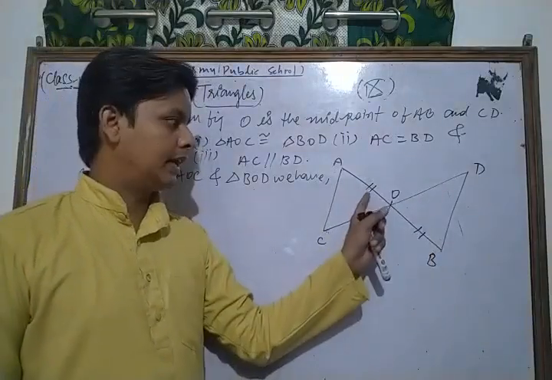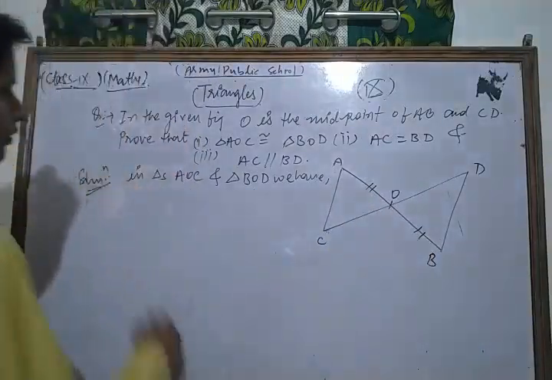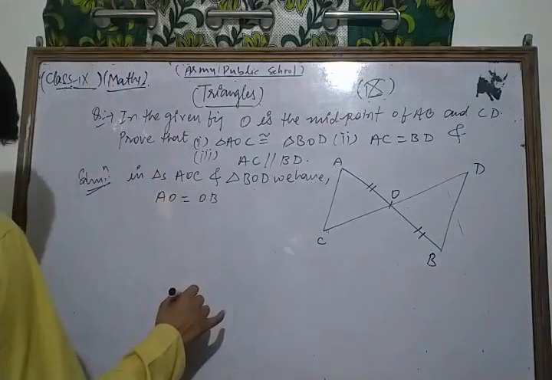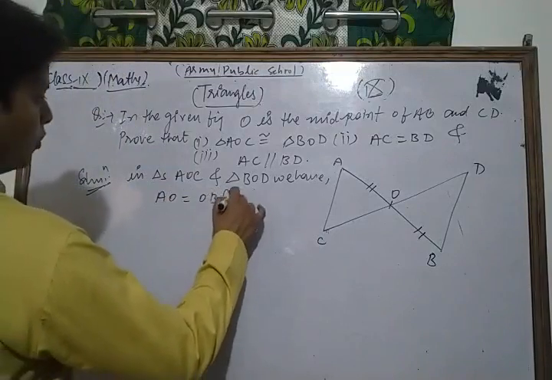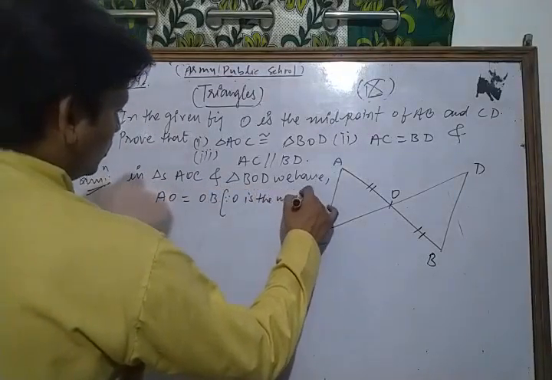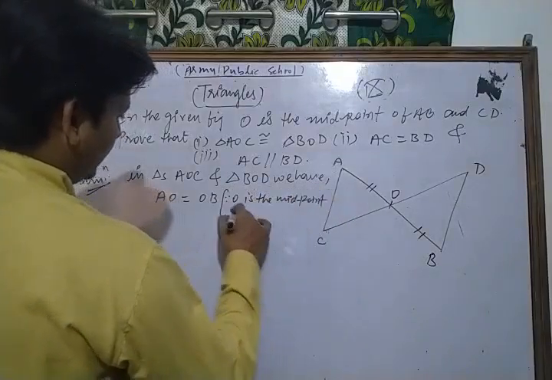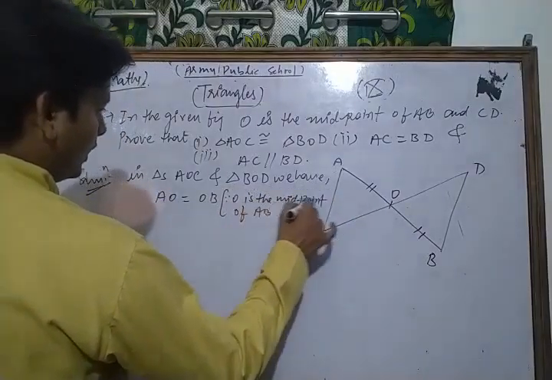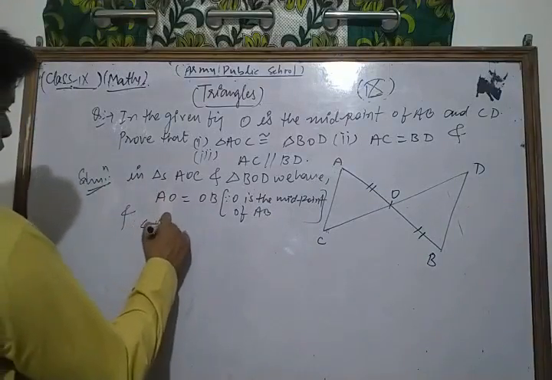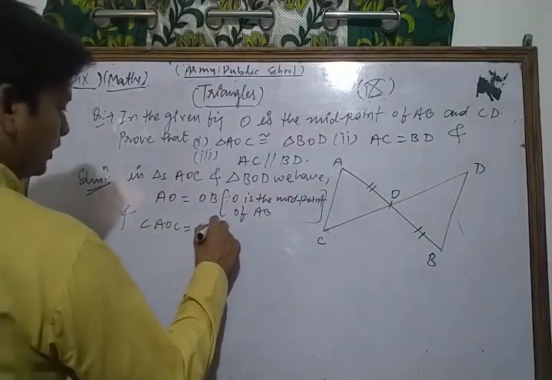So that side is equal to that side. So we have AO is equal to OB, which is given, since O is the midpoint of AB. And angle AOC is equal to angle BOD.